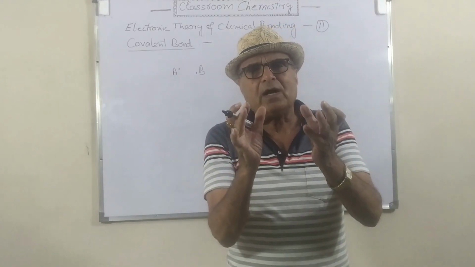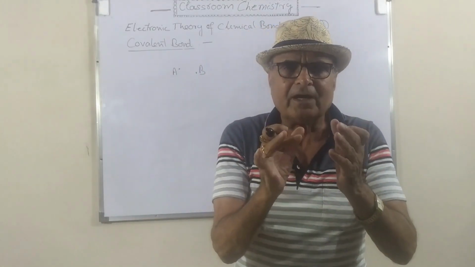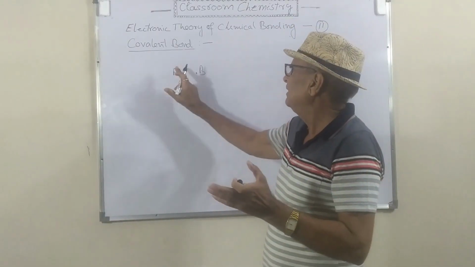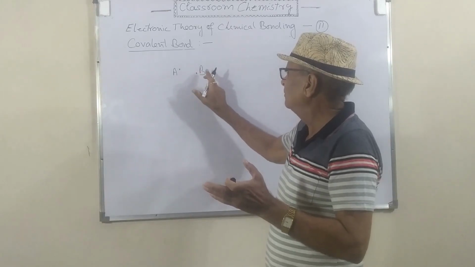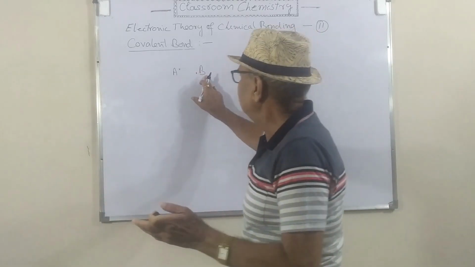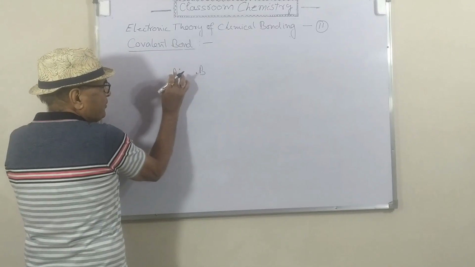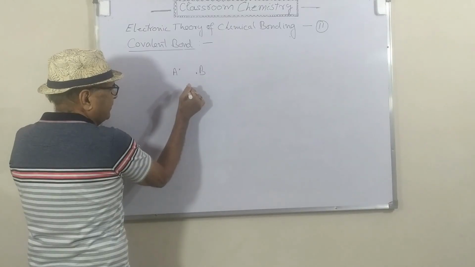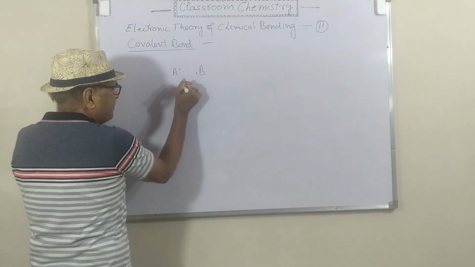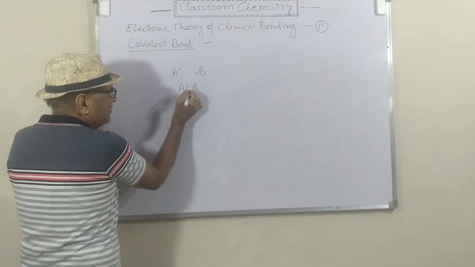All the electrons are similar, but I have shown the cross for the electron of A and the dot for the electron of B. When they come closer, the electron of each atom will be shared, and they come close to each other, A and B. This is the sharing.